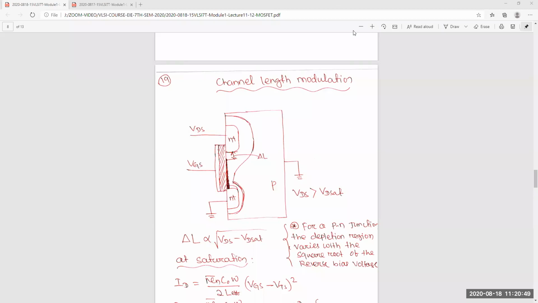Sir, it is just similar to the early effect in a MOSFET. We get it by varying the VDB. Yes, sir. That will be the base to collector voltage. Base to collector. Yes, sir.